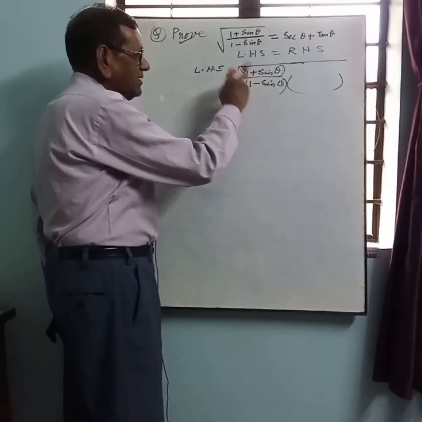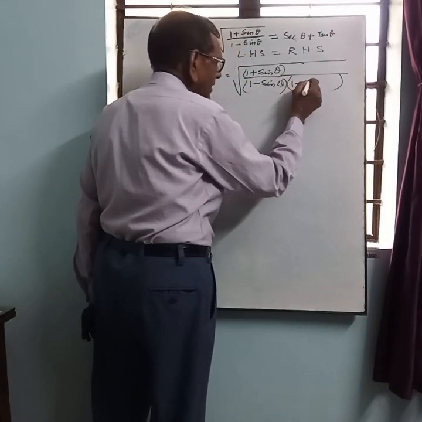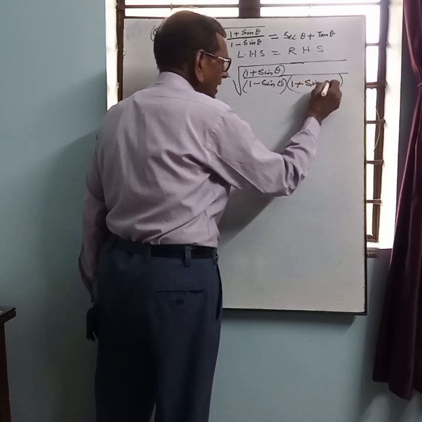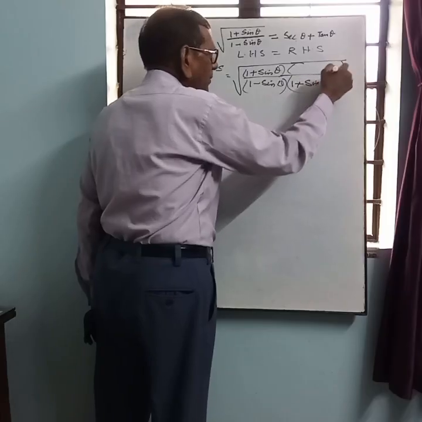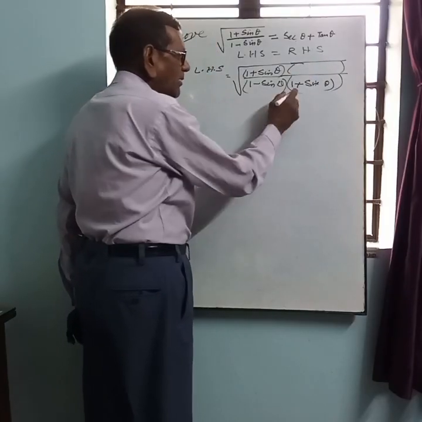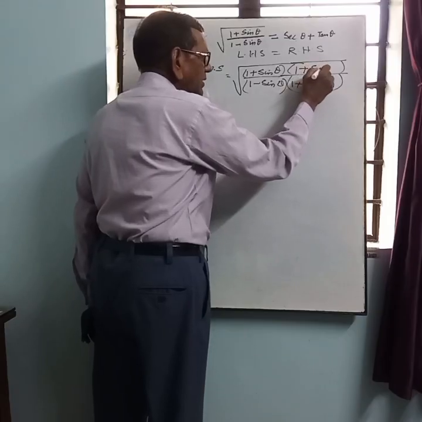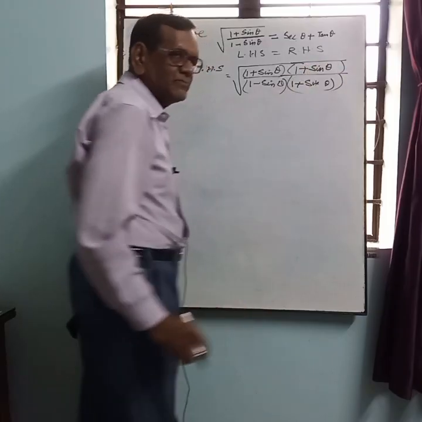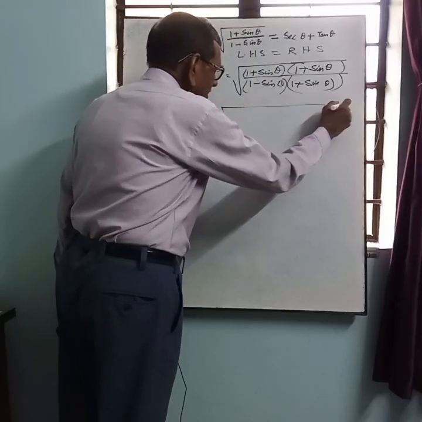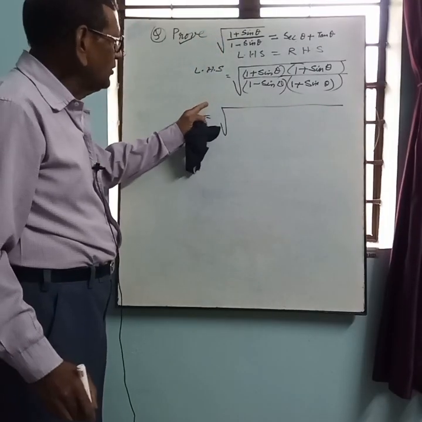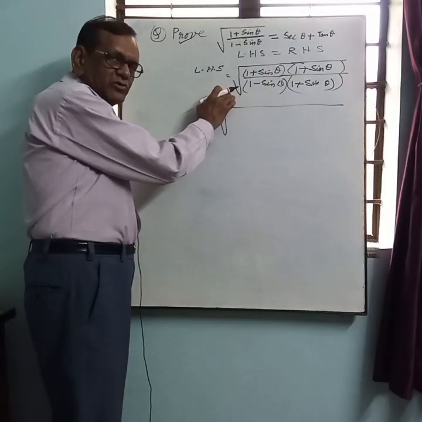Here it is minus, so you should put 1 plus sine theta. As you have done in the denominator, you should also apply the same multiplication value, 1 plus sine theta, on the numerator. Understand? Now keep this. This is an important procedure I am teaching you. This square root, do not remove just now.